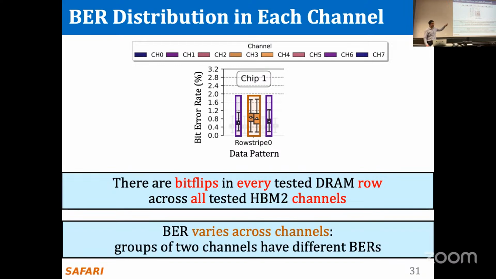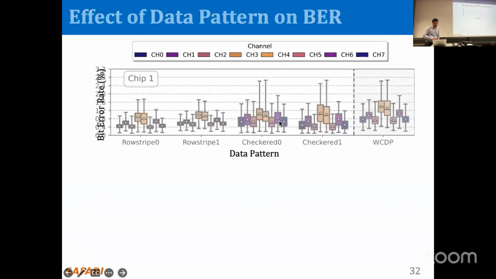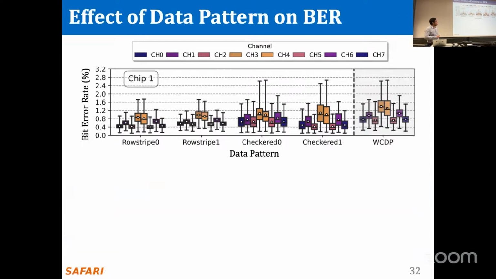I highlight here groups of 2 channels that have similar looking bit error rate profiles. If you look at this, you can group these 2 together, these 2 together, and these 2 together, and also these 2 together. So there's some sort of symmetry going on. We'll come back to this later. This is a larger version of the same figure that covers more data patterns.